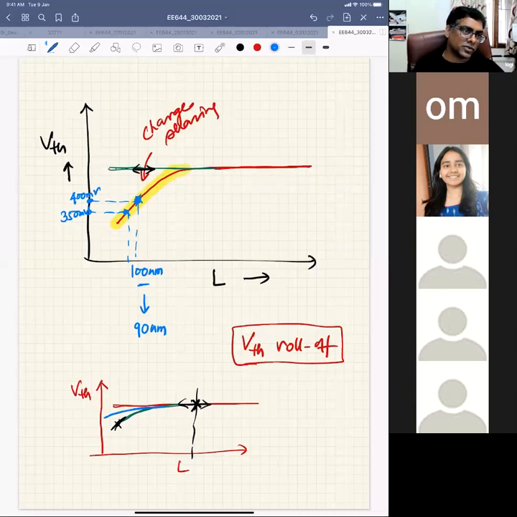There is no rule for how much, but as a designer you could look at where you're operating. If you're an analog designer, you have the VTSL roll off curve, and you want to avoid the roll off portion, so you choose a gate length where VTSL is almost flat, right?